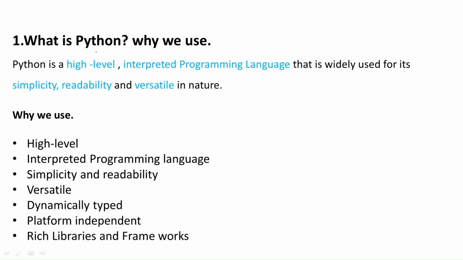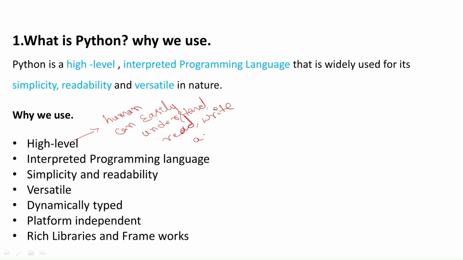Let's see what is meant by Python and why we are using it. Python is a high-level interpreted programming language that is widely used for its simplicity, readability, and versatile nature. Then what is meant by a high-level programming language? It means humans can easily understand it, and can read and write the code.